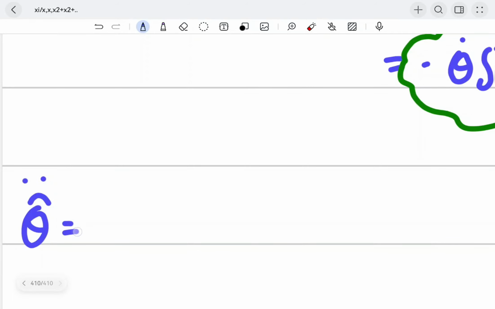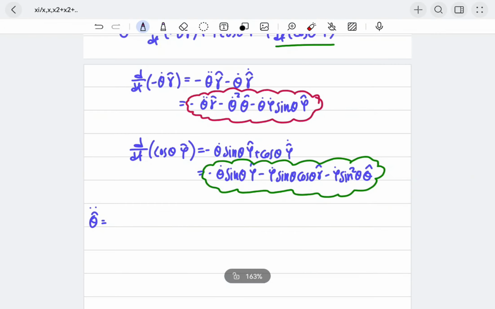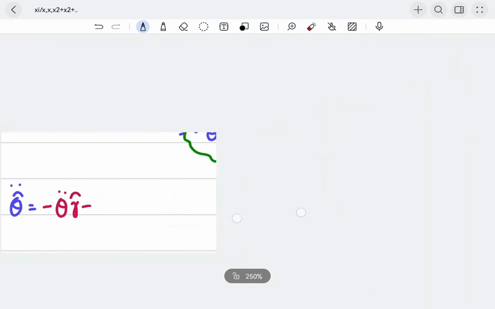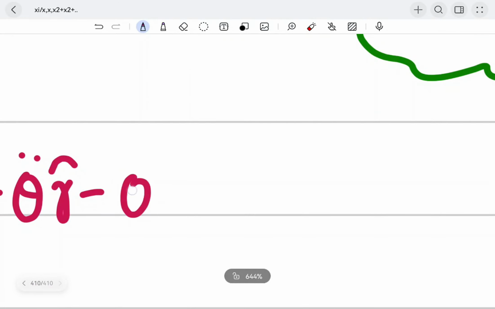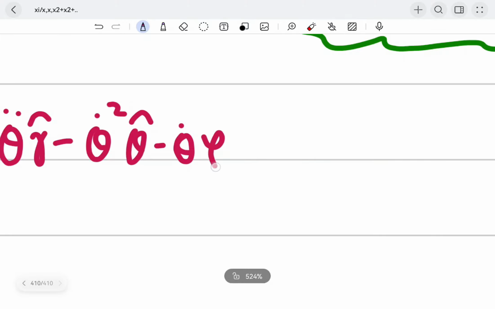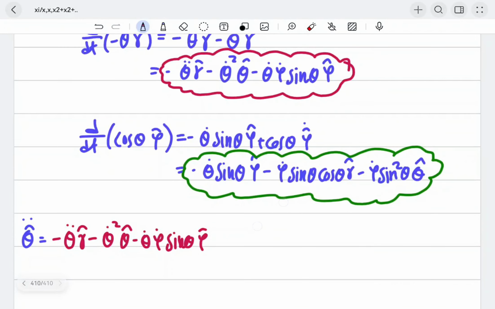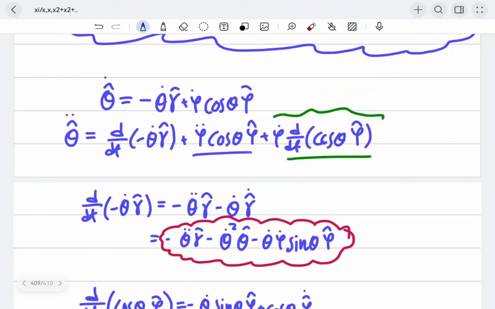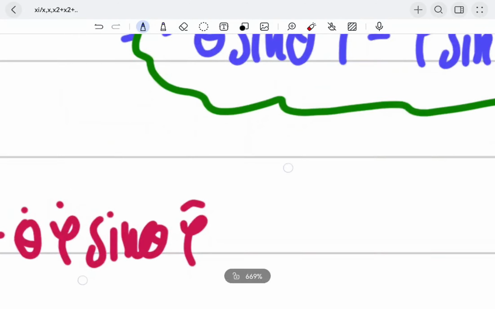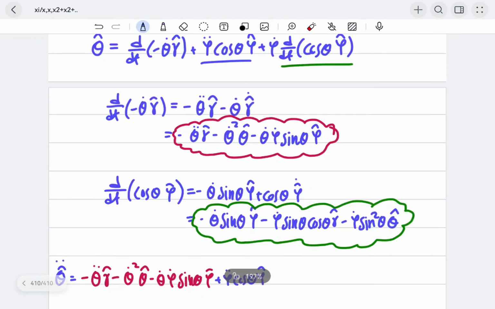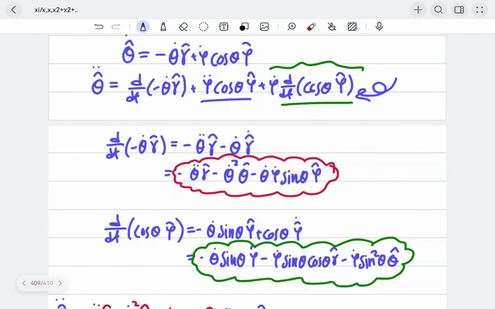Theta hat double dot equals minus theta double dot r hat, minus theta dot square theta hat, minus theta dot phi dot sine theta phi hat, and then phi double dot cosine theta phi hat, and the derivative times phi dot.